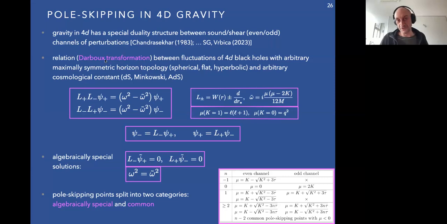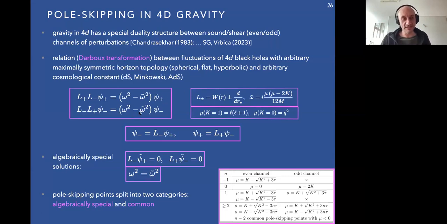And by using something called Darboux transformations, the same guy, nothing to do with the Darboux theorem from before, just a French mathematician who did many things, you can relate solutions from one channel to another channel, okay? This was known before from the works of Chandrasekhar and other people later, but we used it now in the context of pole skipping.